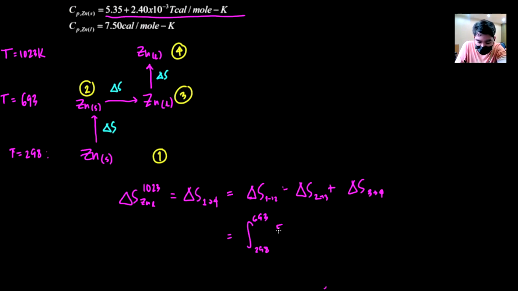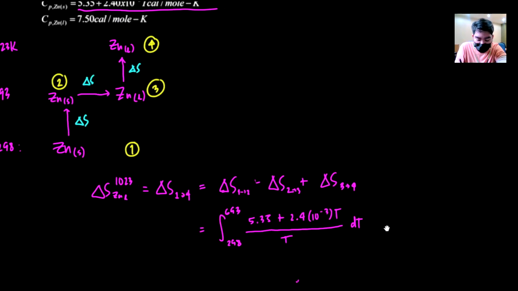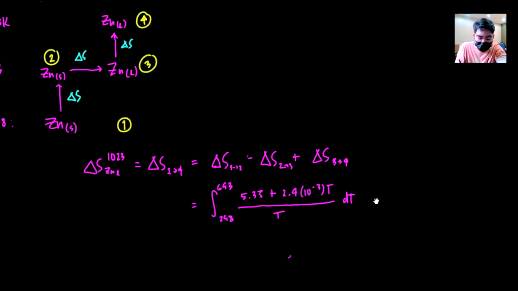Input na natin: 5.35 plus 2.4 times 10 to the negative 3 times T. Okay? And we divide this all by T, no? Tama? Enclose it in T, no? So that's the first delta S.